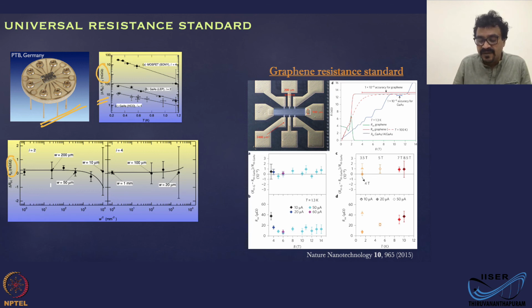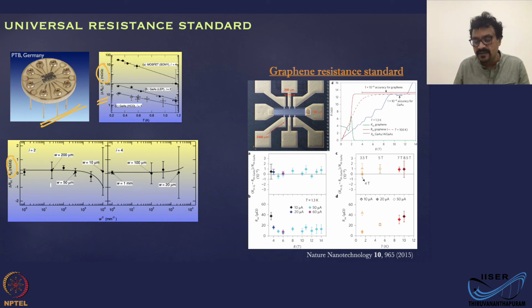Now, here is a 200 micrometer wide device. This is like 50 micrometer, this is 10 micrometer, and this is how the second plateau was positioned and the error between various devices. Here, this is also the fourth plateau, where the error across various devices is in nano ohms.